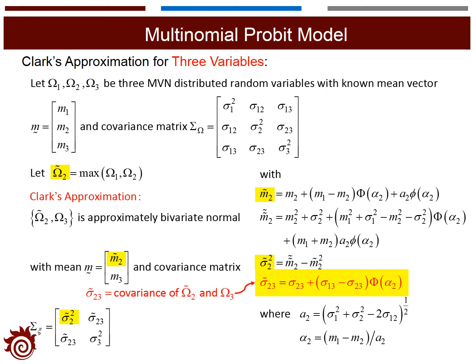Then, as omega 2 tilde and omega 3 are bivariate normal, we can call Clark's approximation to find out the maximization of these two random variables, which is also the maximization of omega 1, omega 2, and omega 3. And this will give us the way to find out the distribution of the maximization for 3 variables with Clark's approximation.